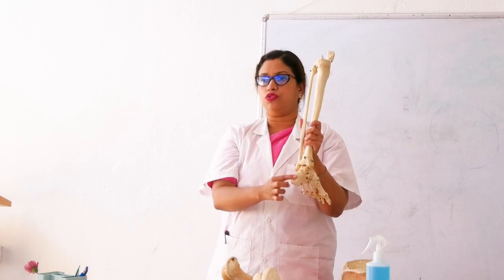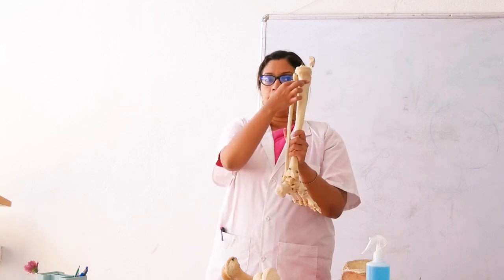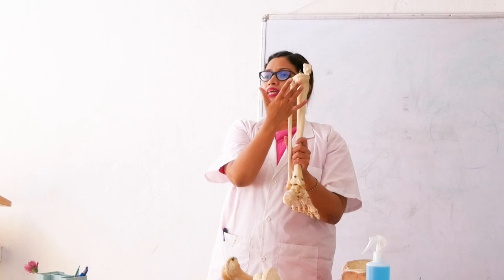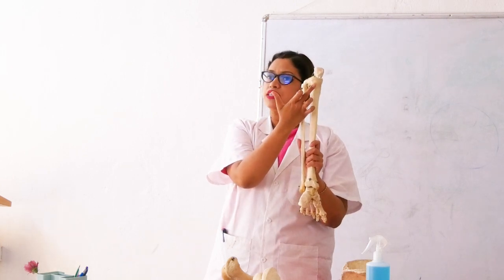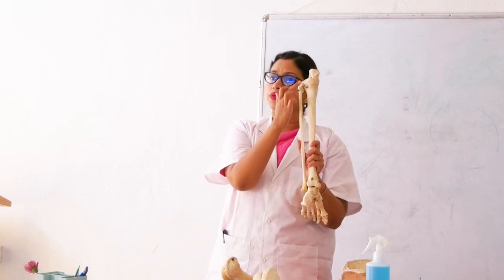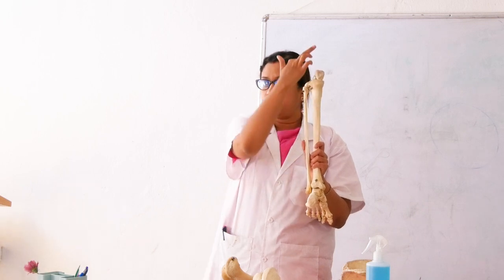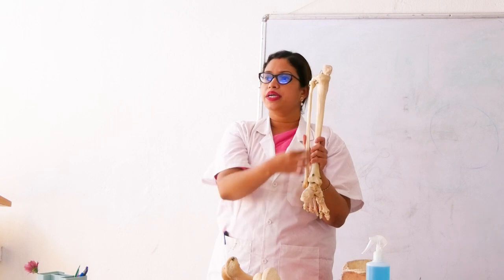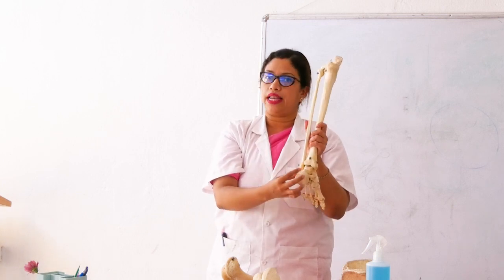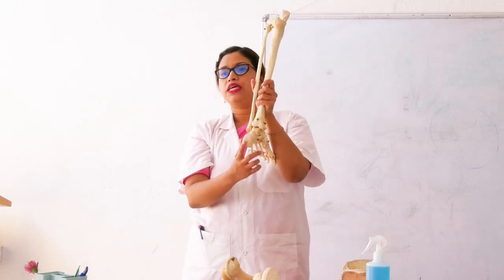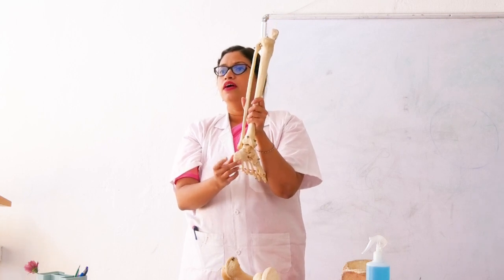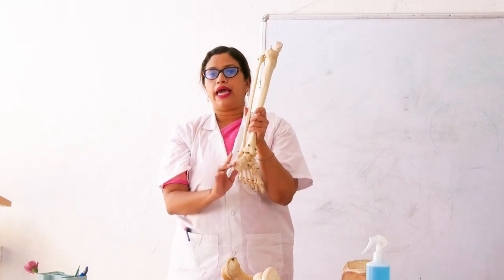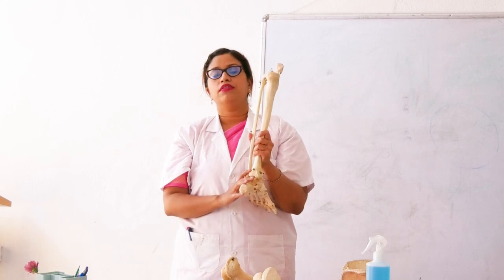The insertion happens here. Medially there will be the medial head of gastrocnemius and the lateral head of gastrocnemius, both from the tibia and femur, and along with this side the soleus, it will become the tendo-achilles. And finally it is inserted on the posterior tubercle of calcaneum. Now tell me the nerve supply.